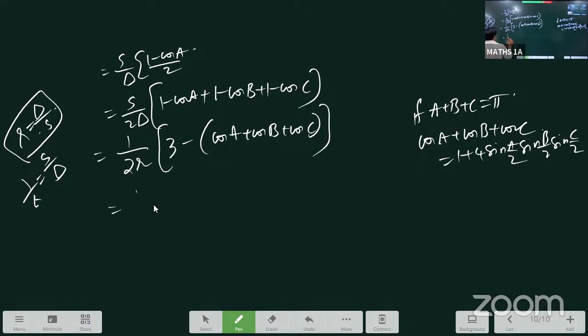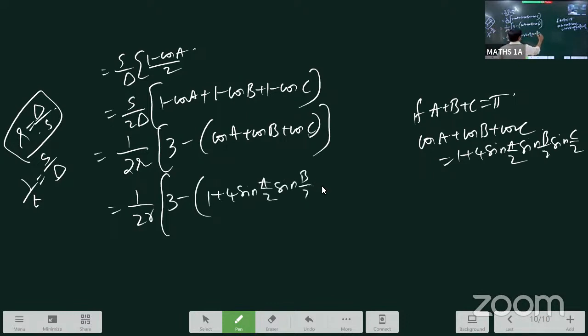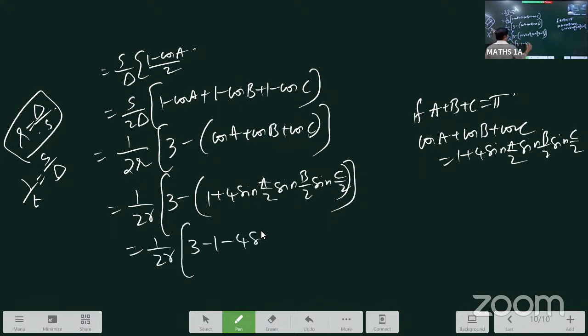So that is 1 by 2r (3 minus (1 plus 4 sin A/2 sin B/2 sin C/2)), which is 1 by 2r (3 minus 1 minus 4 sin A/2 sin B/2 sin C/2).